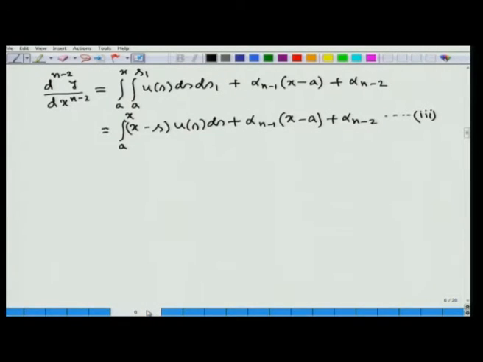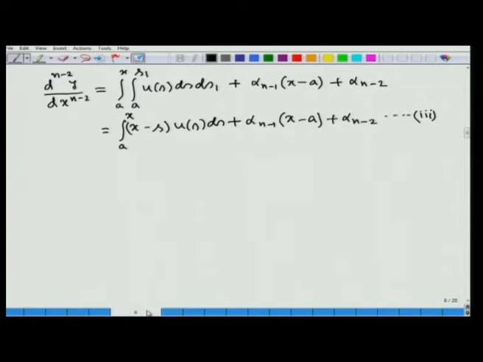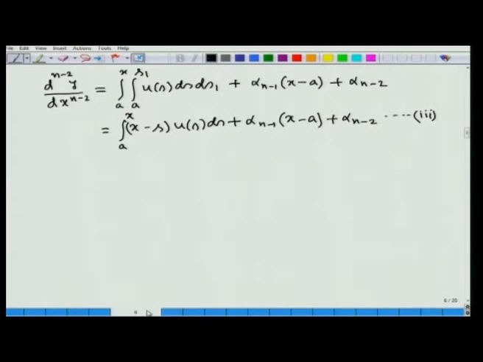Now, we integrate not exactly the expression d^(n-2) y/dx^(n-2) equal to this one, rather we are integrating the first expression, that is d^(n-2) y/dx^(n-2) equal to the double integral, such that after introducing the integral sign we can apply the generalized replacement formula.